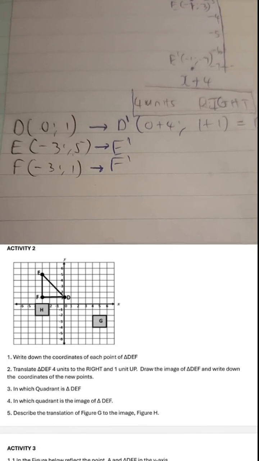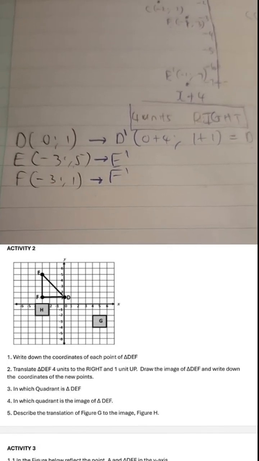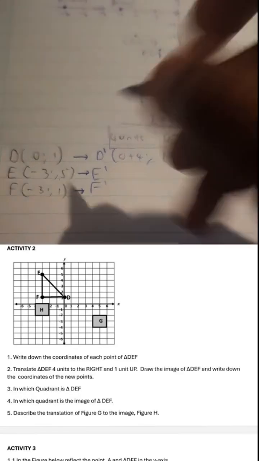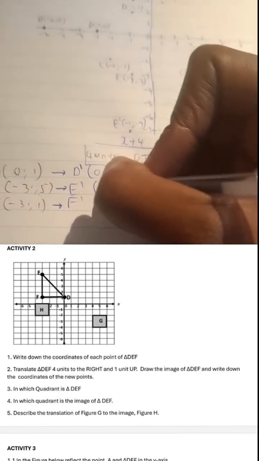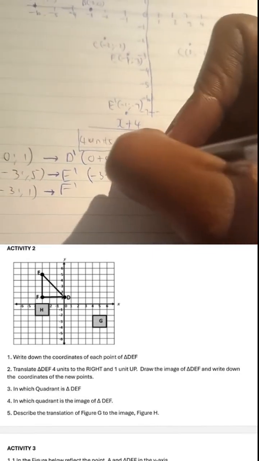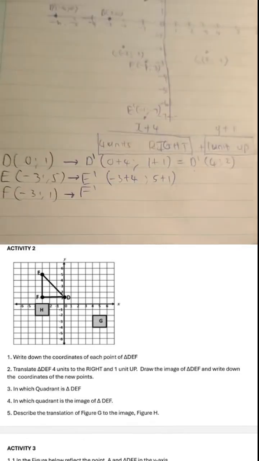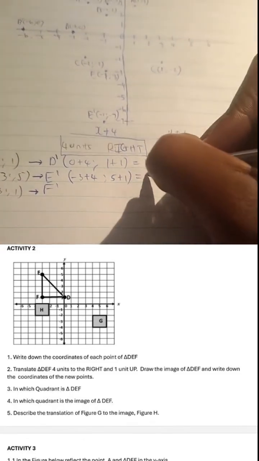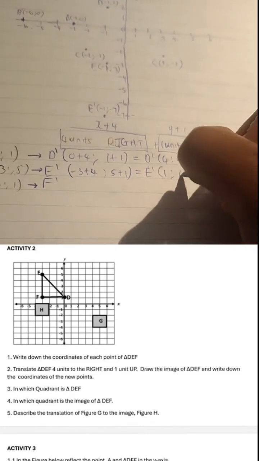Okay, let's just check that and verify it. We see 1 and 6 for E, so that means negative 3 plus 4, and then 5 plus 1. That means we have the image of E being 1 and 6.